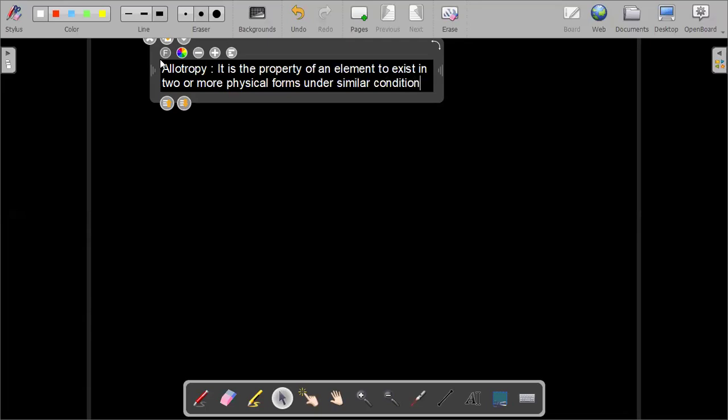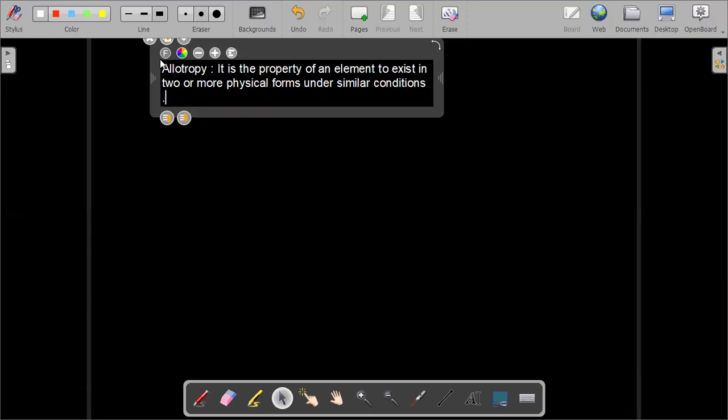So this property is exhibited not only by carbon, but some other elements also.